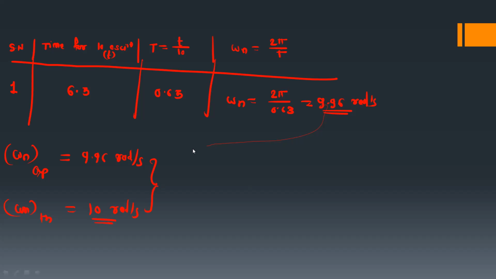And the next is the series arrangement. So for the series arrangement, this is the first spring with constant K. This is the second spring, and this is the mass connected.